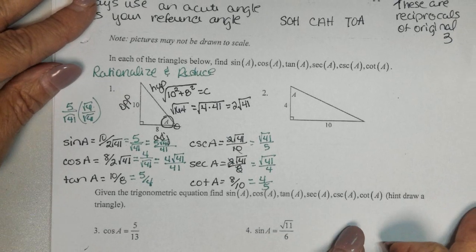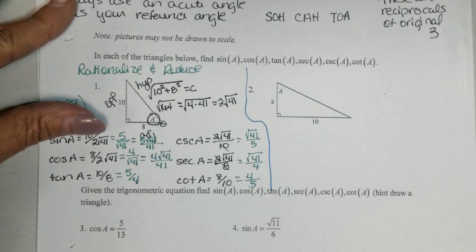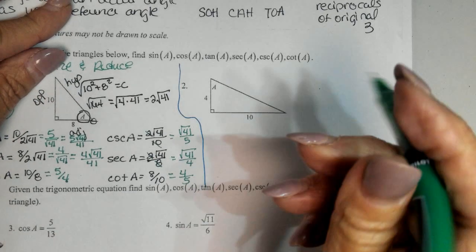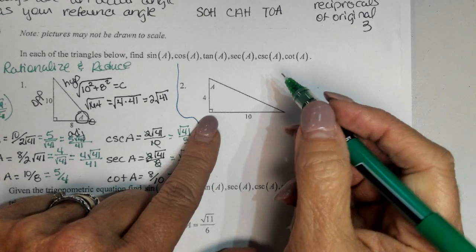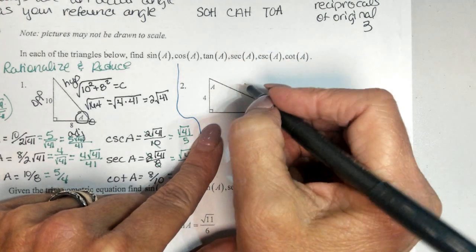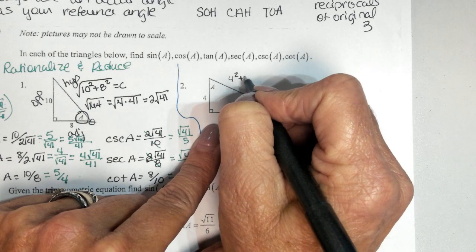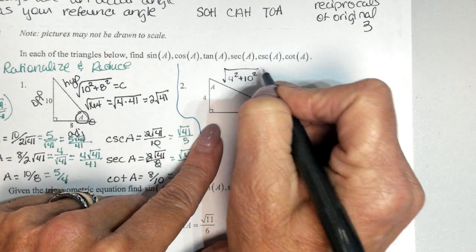All right, so now then, with this second triangle right here, and I know there's not a whole lot of room, I want you to first find your hypotenuse. So we've got your 4 squared plus 10 squared, all under the radical.